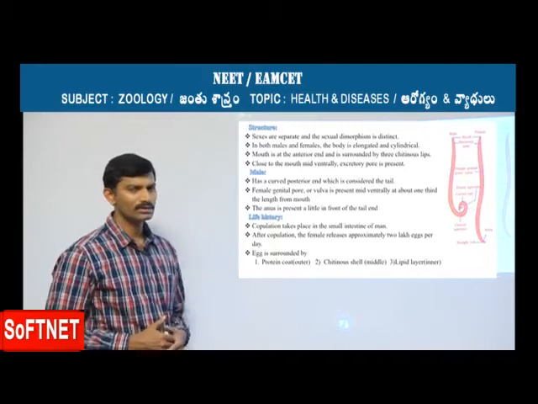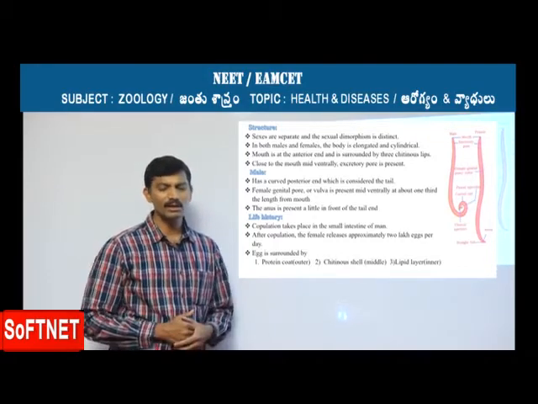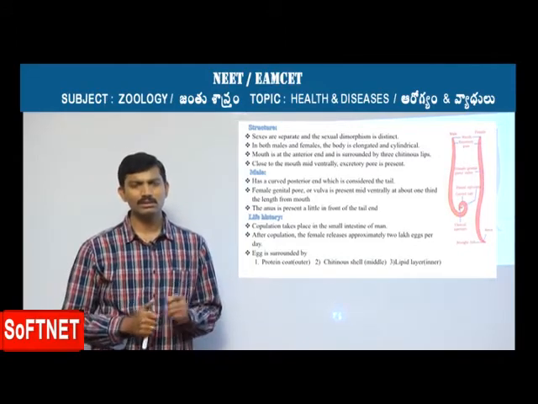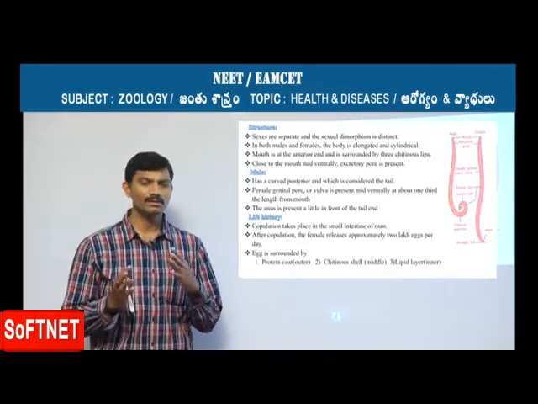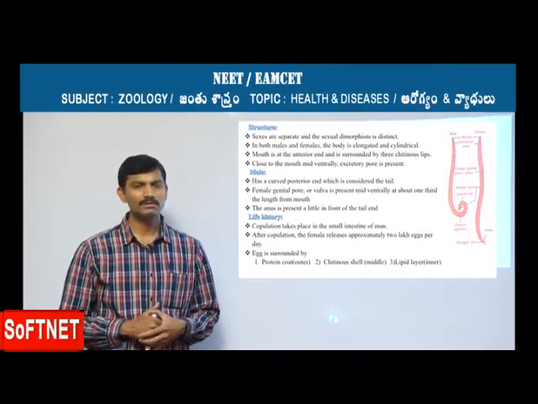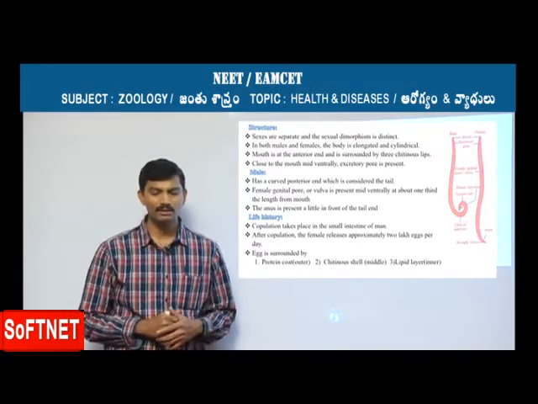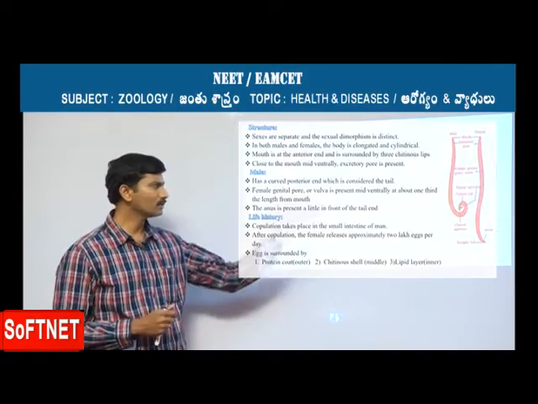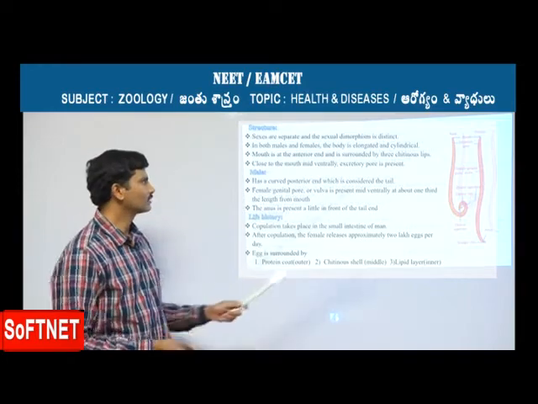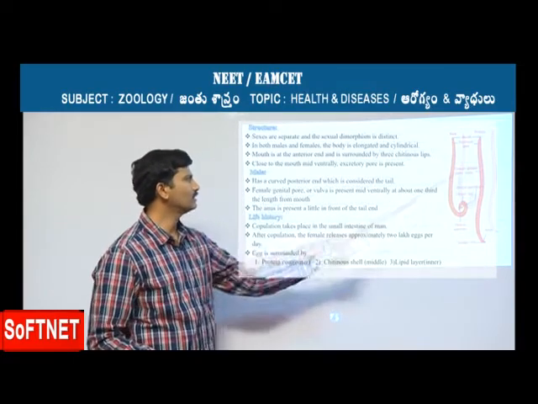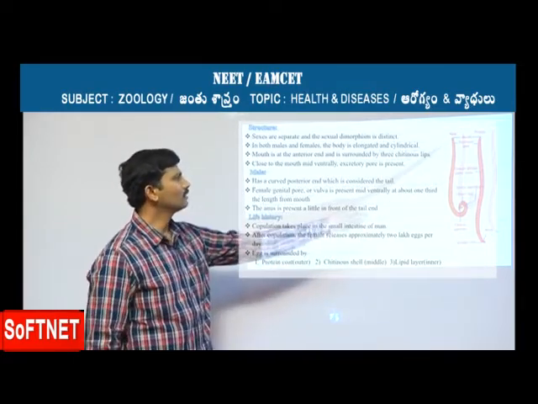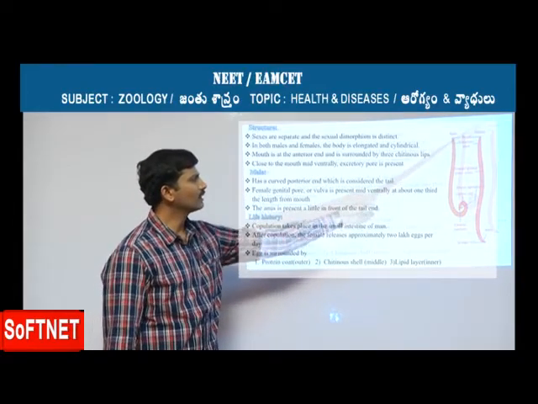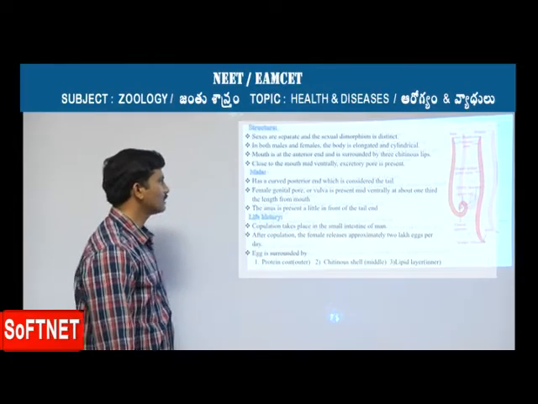As we discussed earlier, it is dimorphic, which means the sexes are separate, and a very clear, distinct sexual dimorphism is present, so we can easily distinguish the male and the female. Some common features present in both: the body is elongated and cylindrical in shape, pointed at both ends, and the mouth is present at the anterior end, provided with 3 chitinous lips.